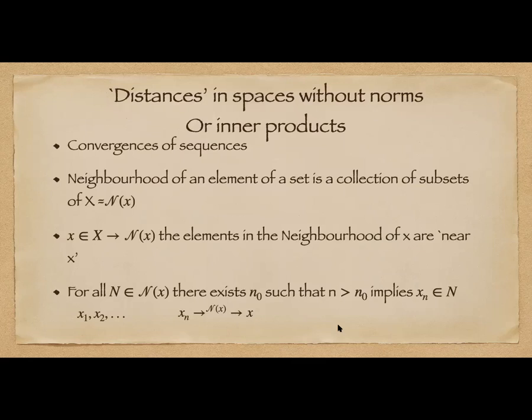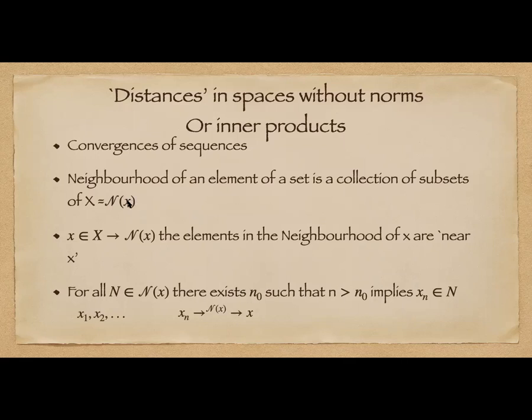So we are talking about distances in some sense without defining the metric, or without norms or inner products. For these, we use what is known as convergence of sequences. The neighborhood of an element of a set is a collection of subsets of X, which is labeled as curly N_x.